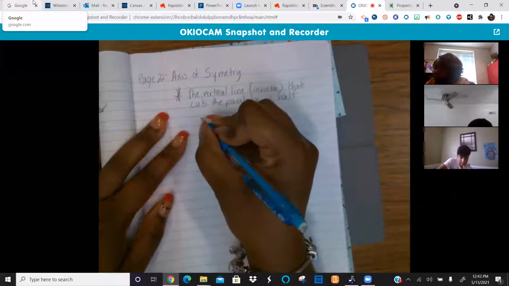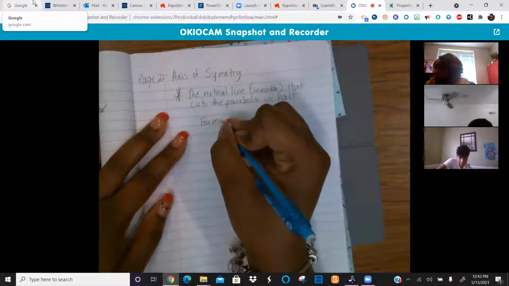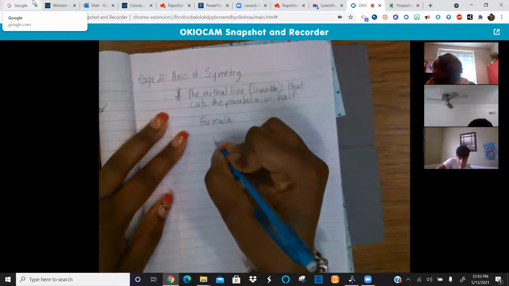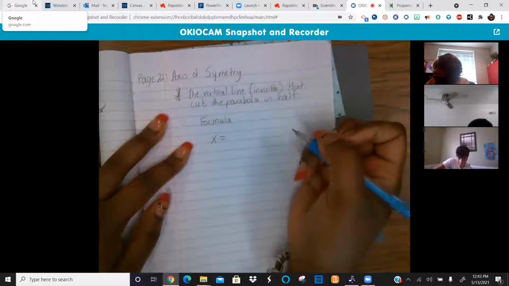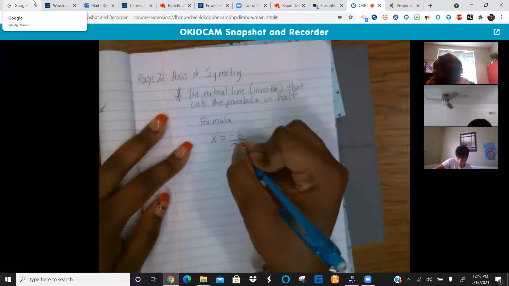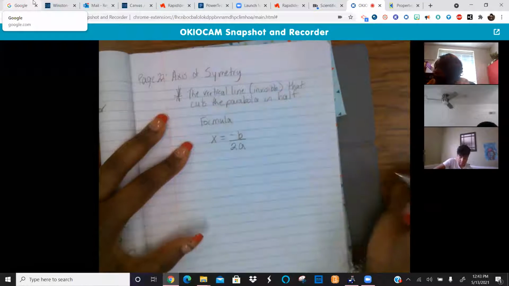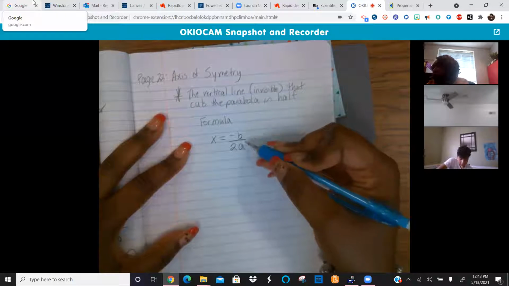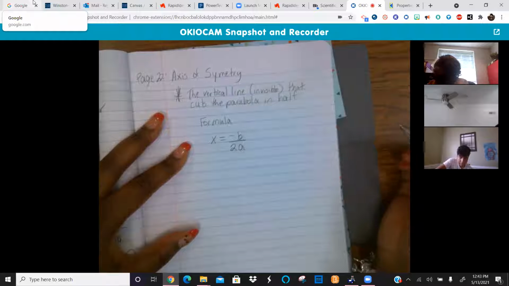The formula is x is equal to negative b divided by 2a. Where do we get these variables from? We get it from the actual equation.